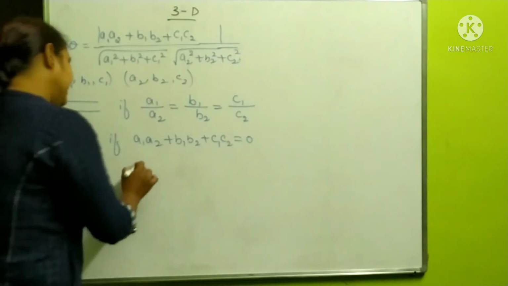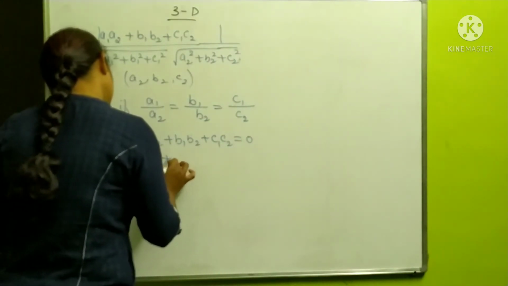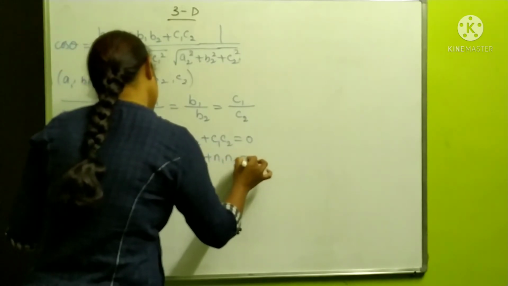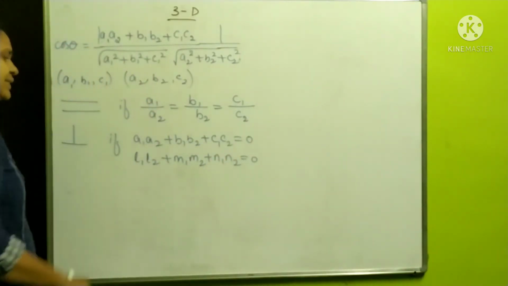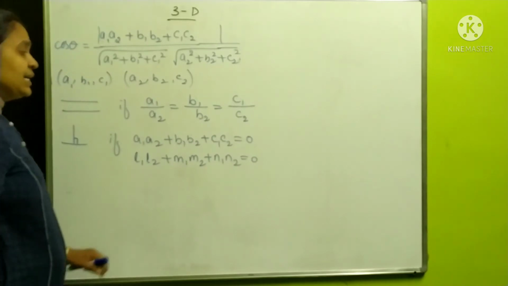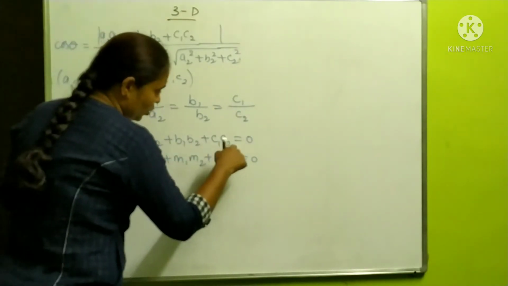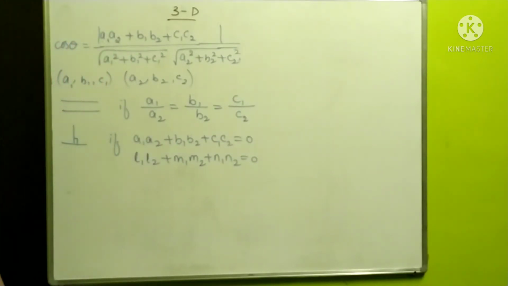Or else, if it also follows L1 L2 plus M1 M2 plus N1 N2 is equal to 0, then also we say they are perpendicular. This is when you know direction cosines. This is when you know direction ratios. This is how you have to find out.